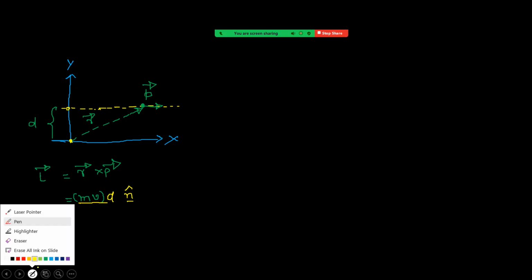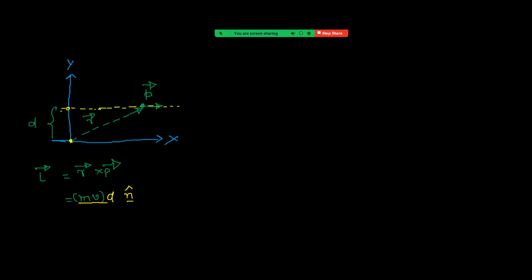For example, if you take a point on this line, in the sense, this line equation is y equal to d, right? So this line equation, what is this? Y equal to d.